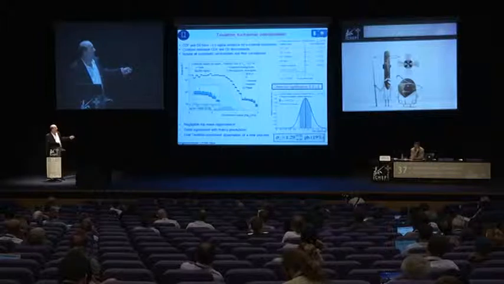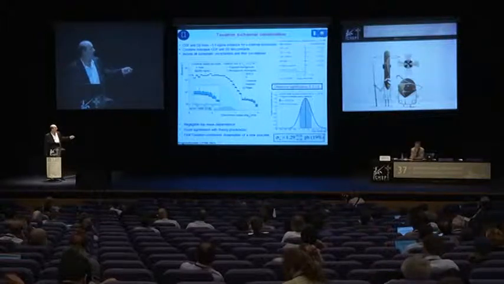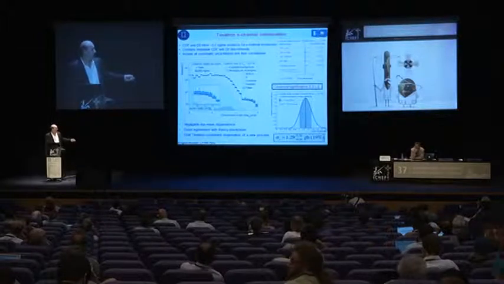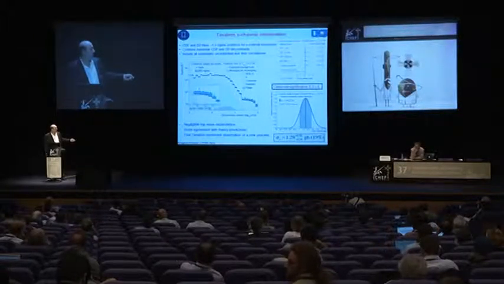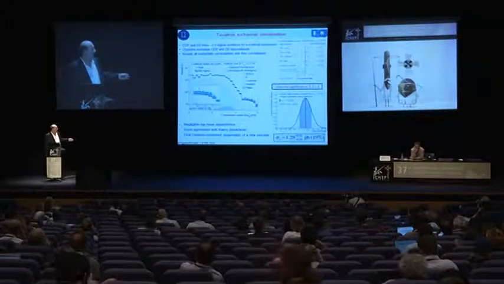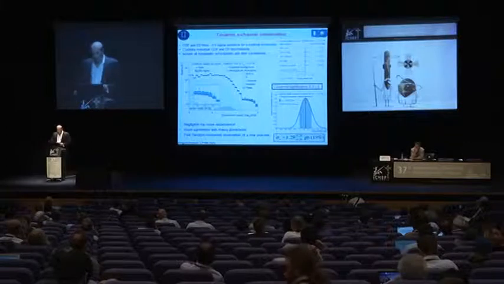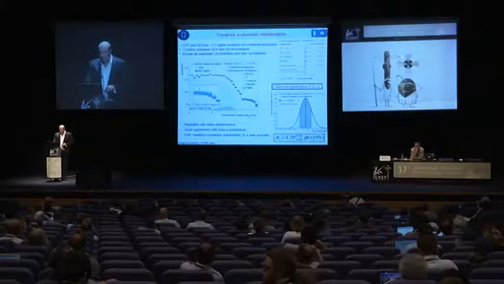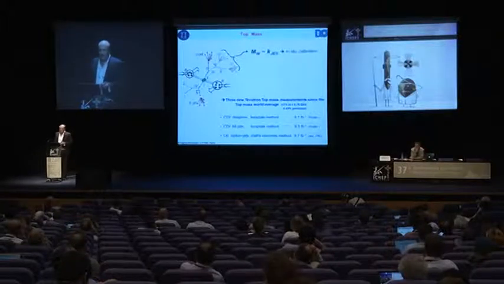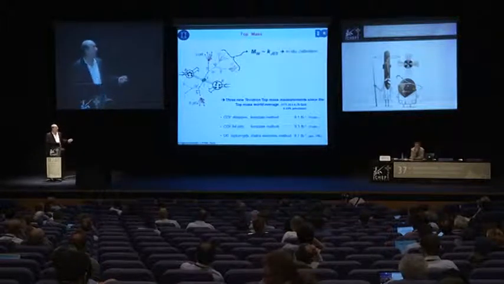And when you do that, you have a 6 sigma observed significance with a cross-section of 1.29 plus about 20% error, which is consistent with the standard model prediction. And this, in fact, was nice because we saw publication of the two collaborations, which led to the observation of a new process. Moving on to the top mass, this is another important point for the Tevatron.